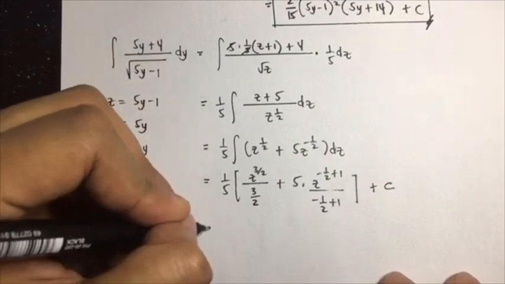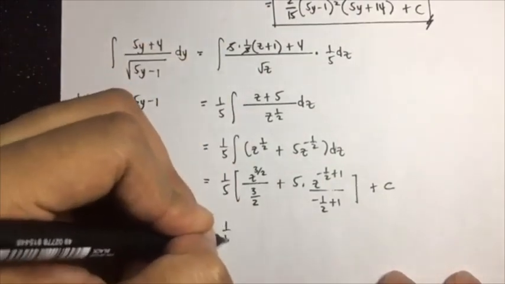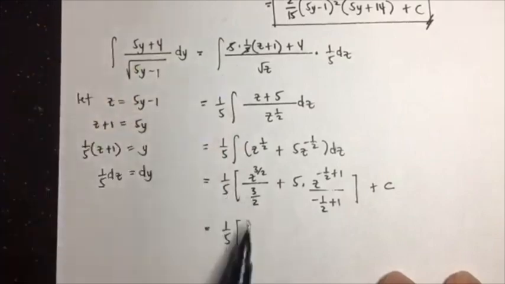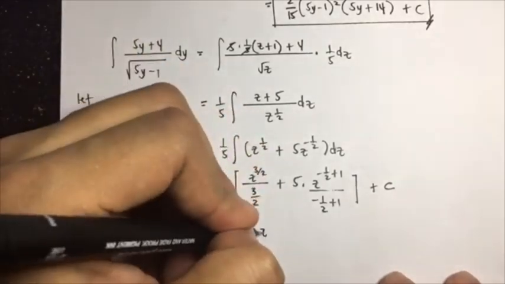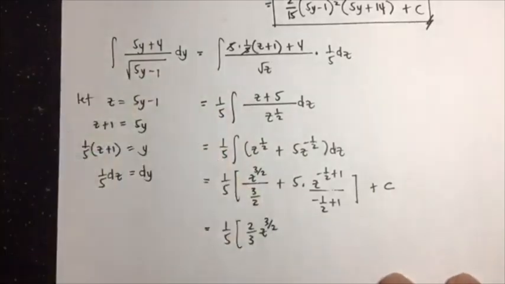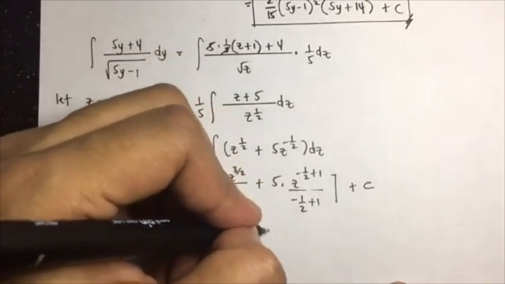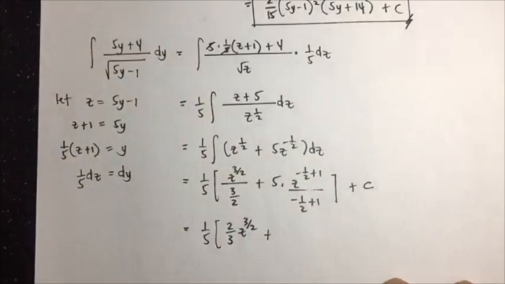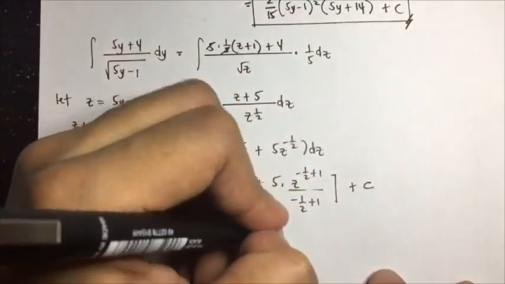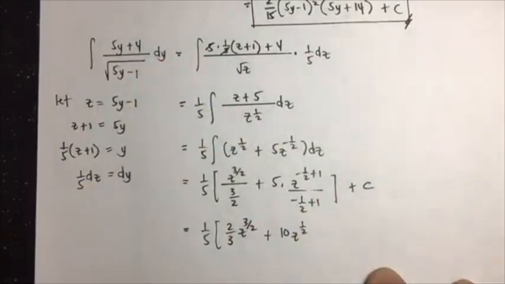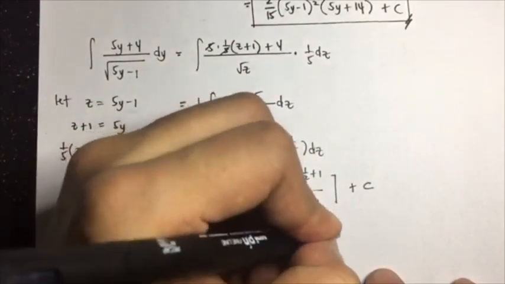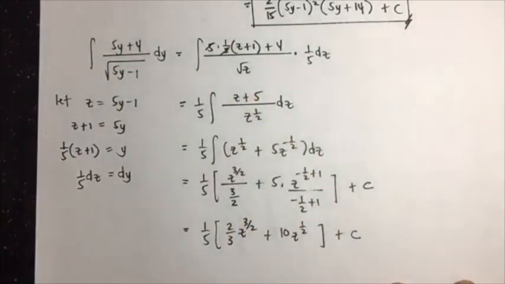This now becomes 1/5 times 2/3 z raised to 3/2 plus 10 z raised to 1/2, plus c.